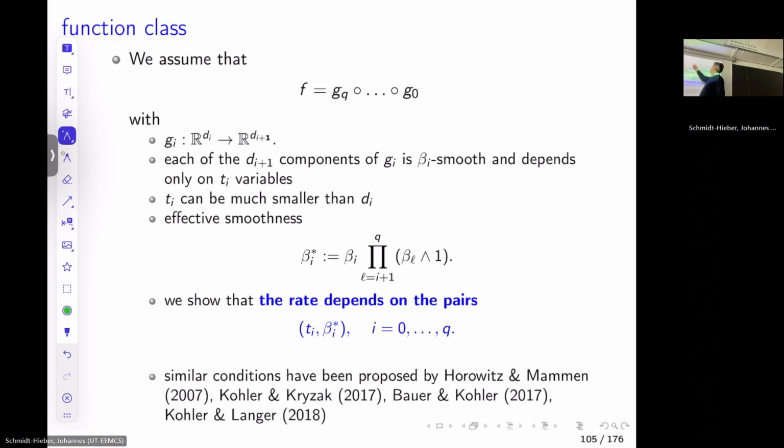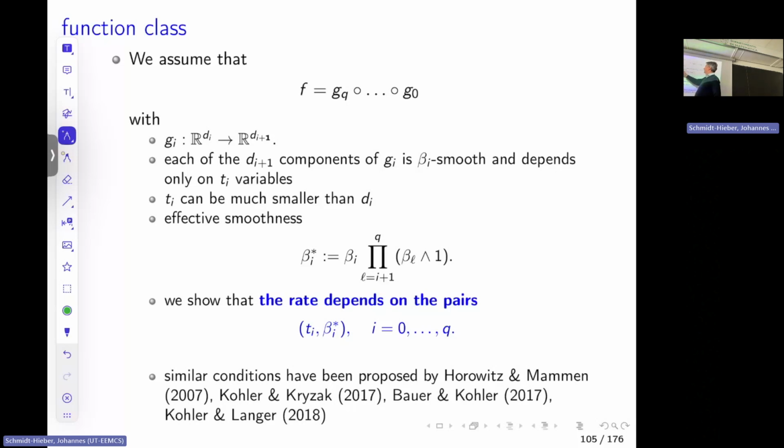Okay. So how are these functions? They can map from different, say, Euclidean spaces with different dimensions. They can be large, maybe 1 million and another 1 million. And we assume that these g_i's are vector valued functions. They have component functions. These component functions all have the same smoothness, just to make it a bit easier.